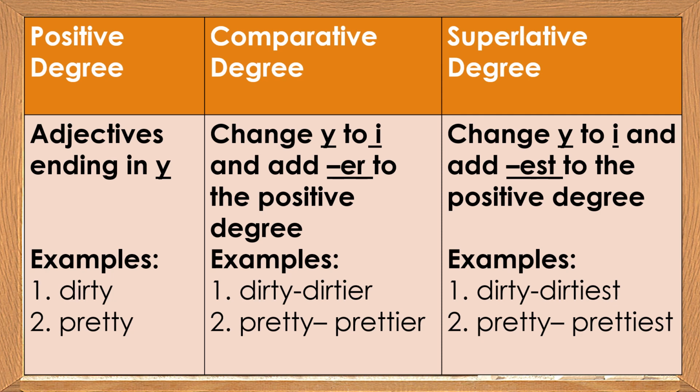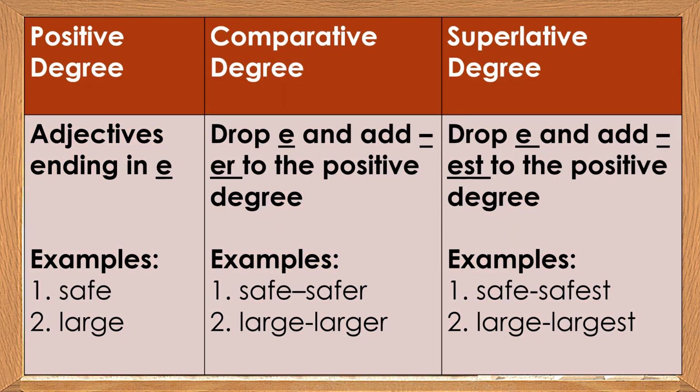So from our word dirty, it becomes dirtiest. So dirty, dirtier, dirtiest. We also have another example, pretty. It becomes prettier in the comparative degree and prettiest in the superlative degree. Are you following me? Very good.